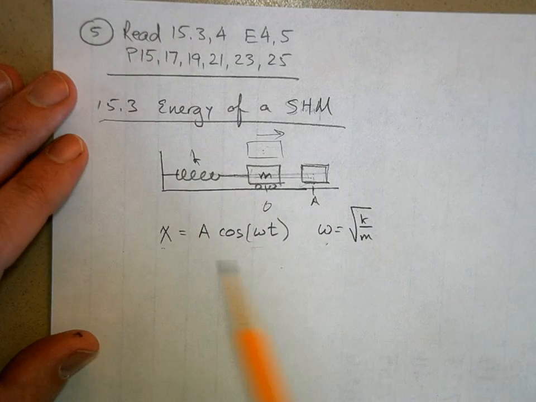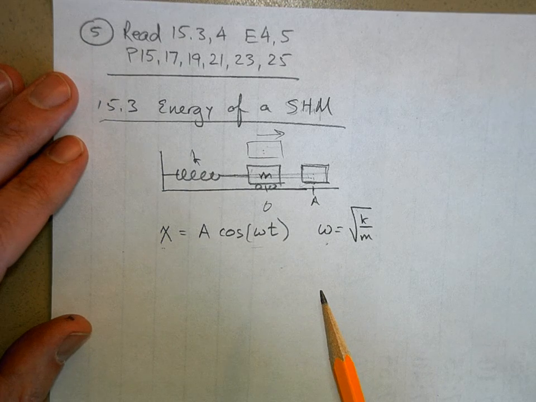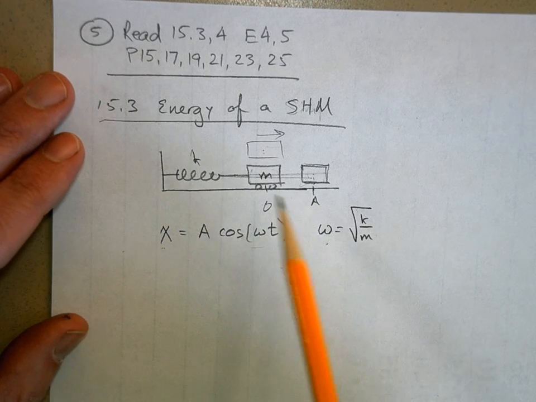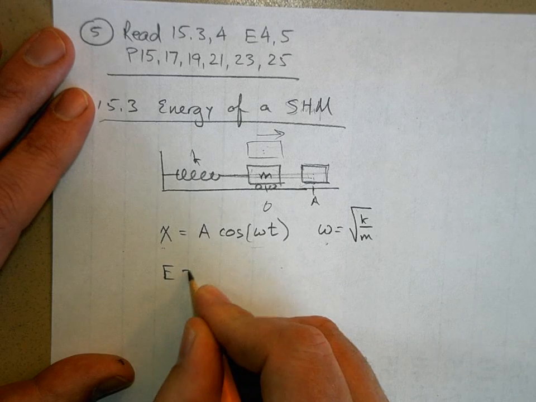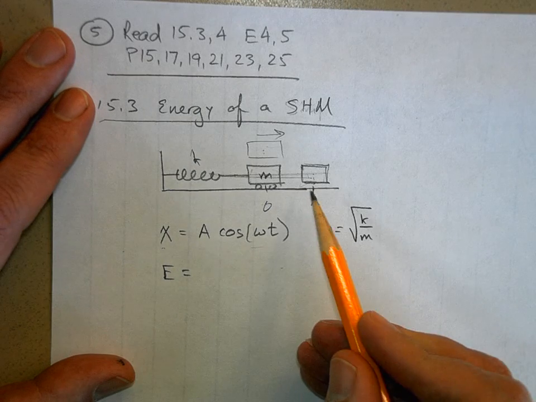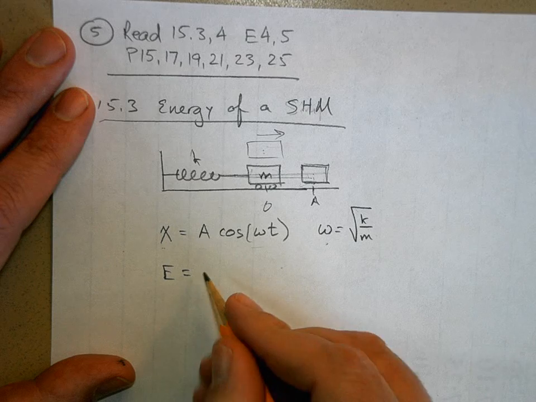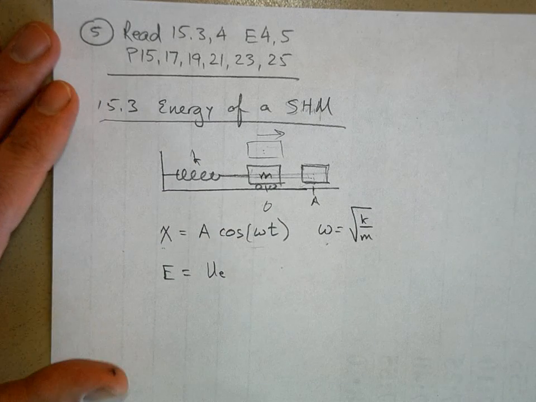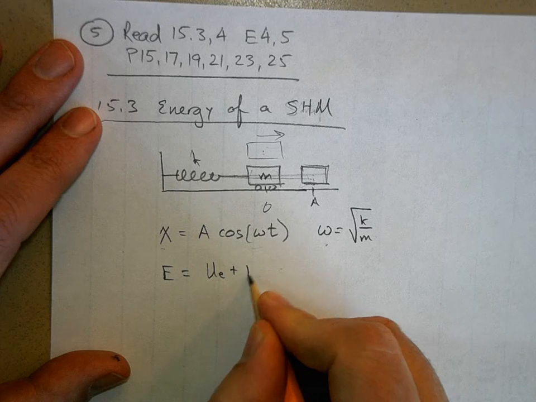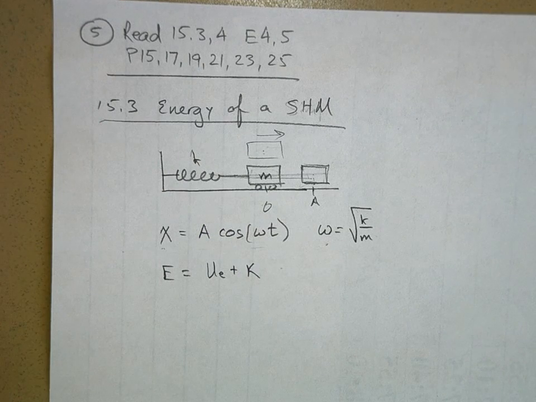Well, we don't have to worry about gravitational potential energy in this problem, but the object's going to be moving, so there's kinetic energy. So the amount of energy will be shared between the elastic potential energy in the spring plus the kinetic energy due to the motion of the object.